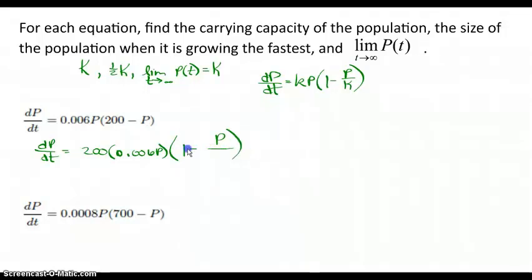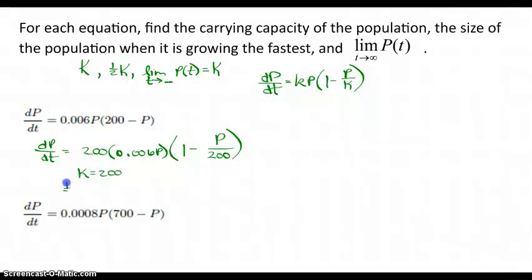We saw in that last example that it's going to be over 200. And we can check that. If we distributed that 200 back through here, we would have 200 minus P. So our carrying capacity is 200.